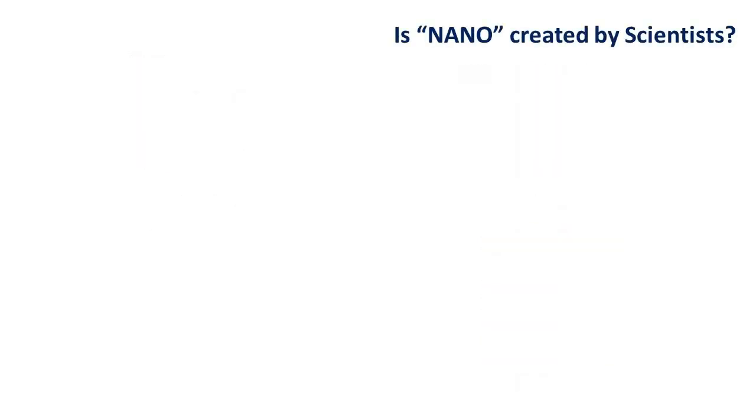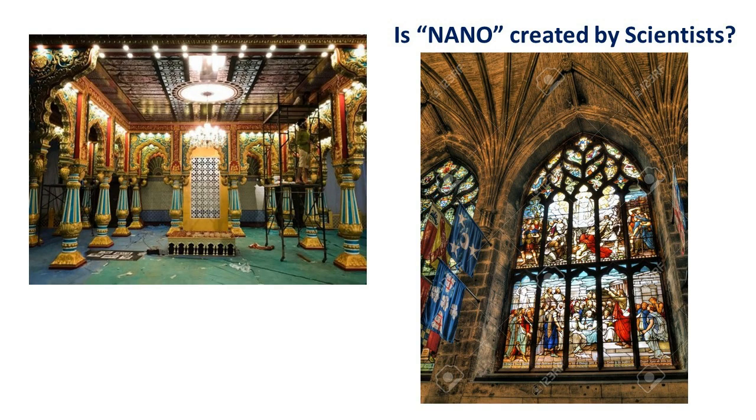Is nano created by scientists? You are seeing two images. One is the image of an Indian king's courtyard, and another one is that of a church in Rome. These are constructed more than 200 years back, when the concept of nano or paints are not known.